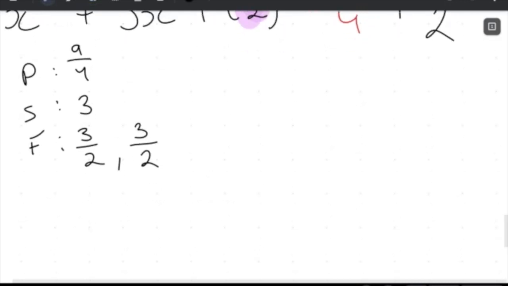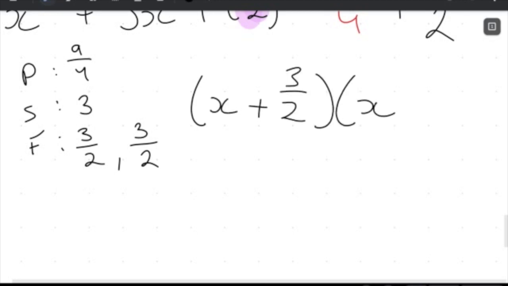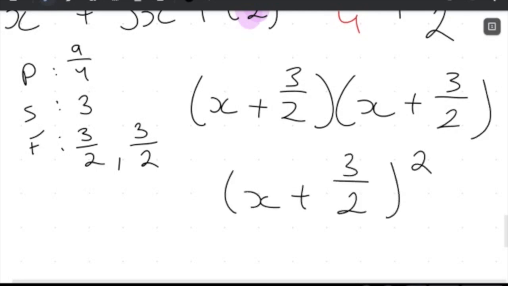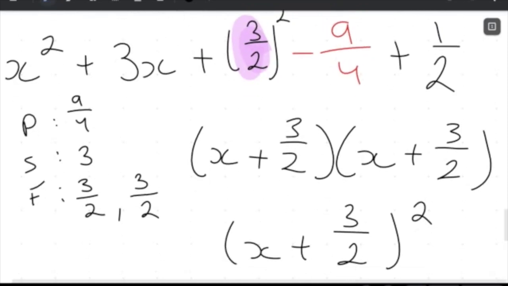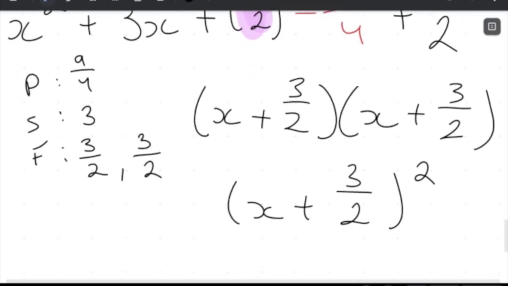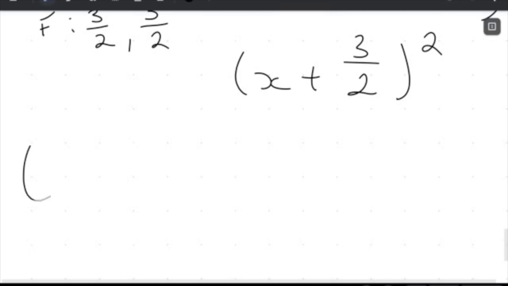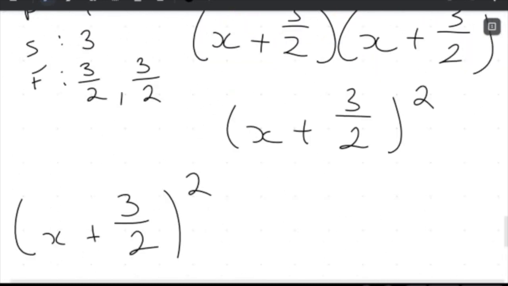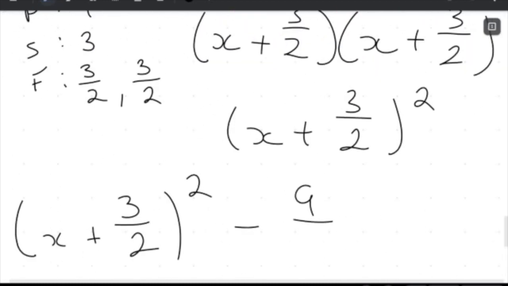So I'm going to get x plus 3 on 2 outside of x plus 3 on 2. Or in other words, x plus 3 on 2 all squared. Okay, now I'm going to wind up with x plus 3 on 2 all squared minus 9 on 4 plus 1/2.